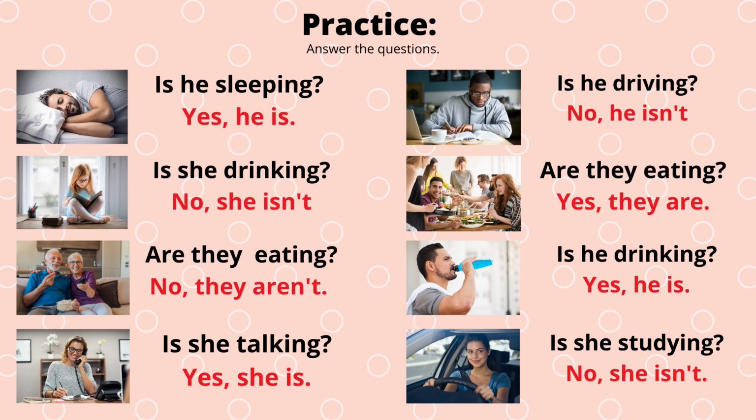Next question, is she studying? Answer, no, she isn't. And the last one, is he drinking? Answer, yes, he is. So those are some examples of how you would answer questions in the positive and in the negative to talk about activities that are happening right now.